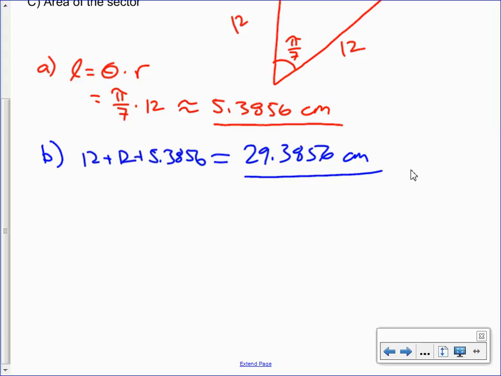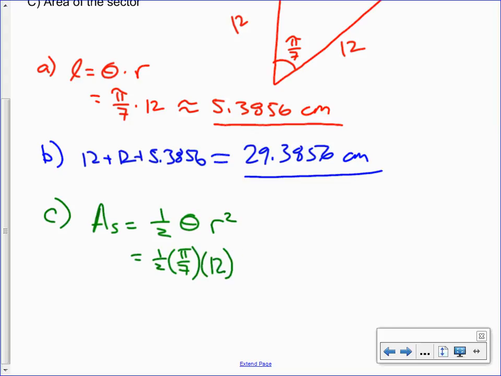Excellent. To find the area of the sector, there's a formula for that. The area of the sector is going to be 1/2 the angle times r squared. So 1/2 times pi over 7 times 12 squared.